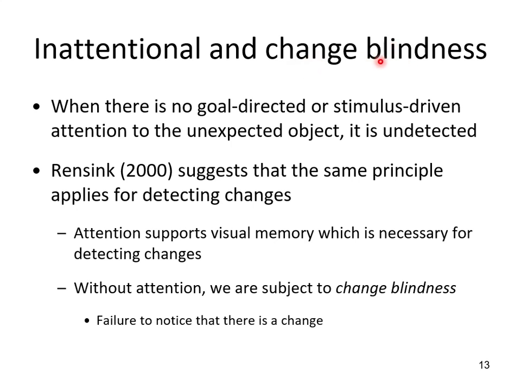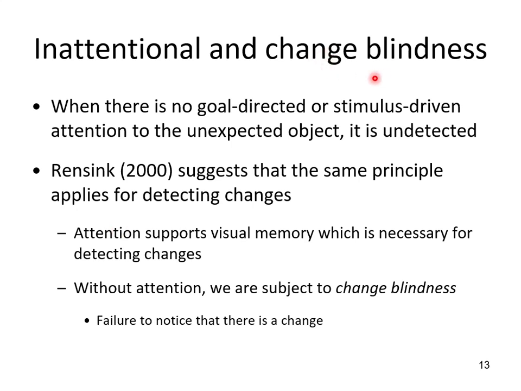Therefore, change blindness not only has implications on how you allocate attention, but also tells you that attention is needed to support the visual memory that is necessary for you to detect the change. In inattentional blindness, it shows you that attention is needed for awareness, right?